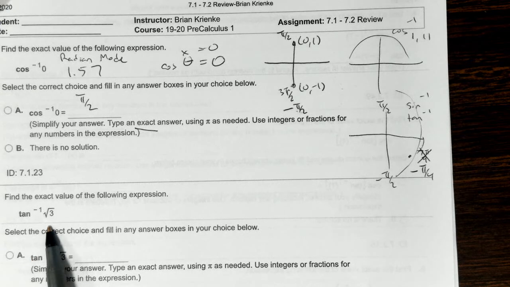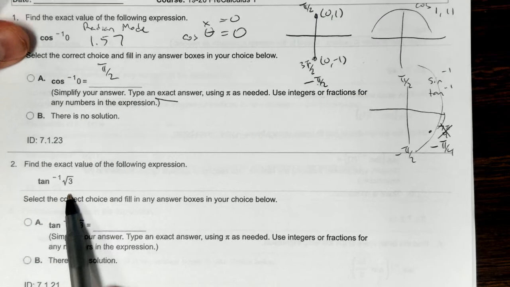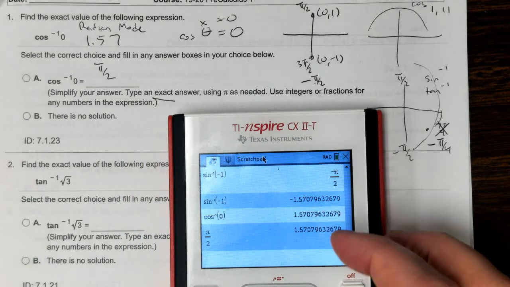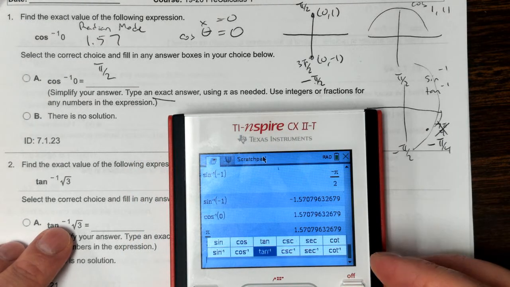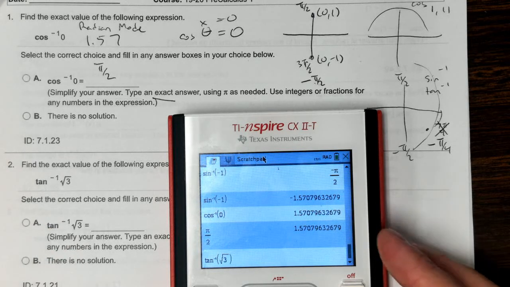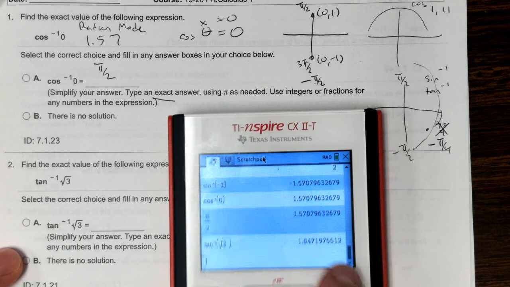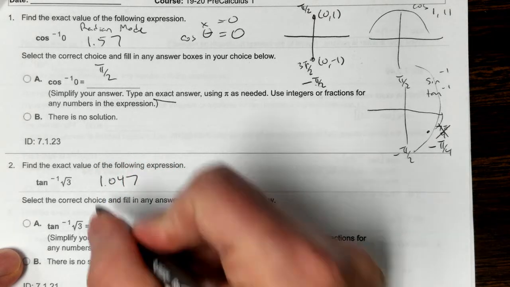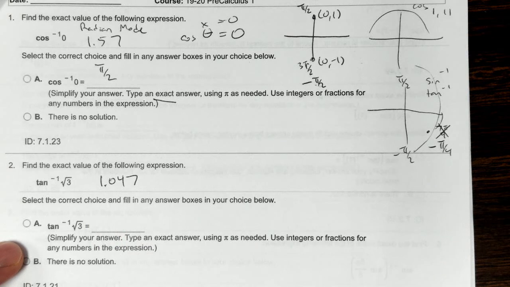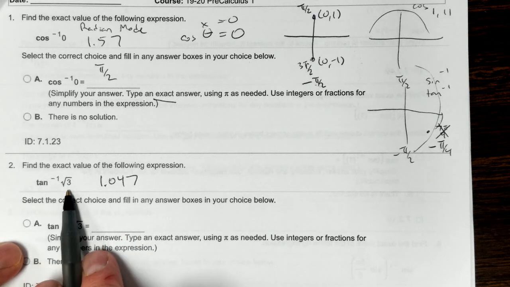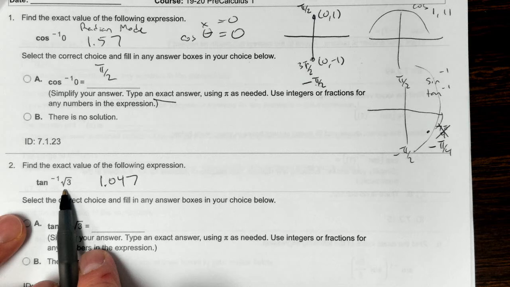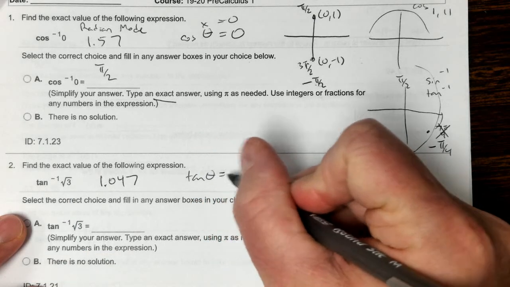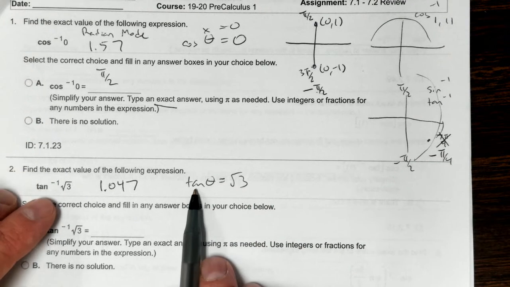Alright, then this one is tan inverse of square root of 3. So tan inverse of square root of 3 gives you 1.047. And so that's what we have to work towards. So if tan inverse is square root of 3, then that means tan theta equals square root of 3, because these are equivalent.